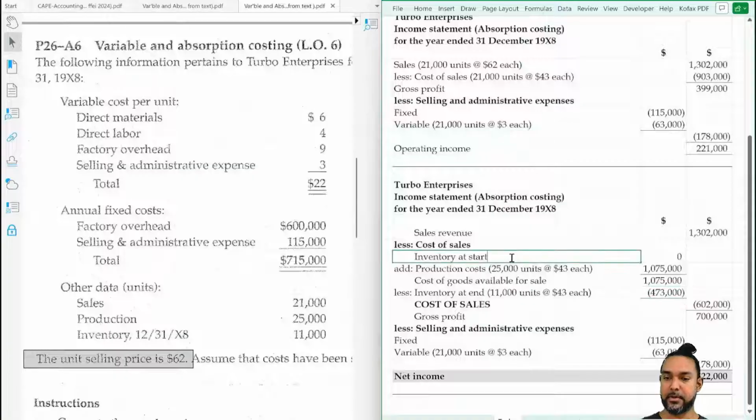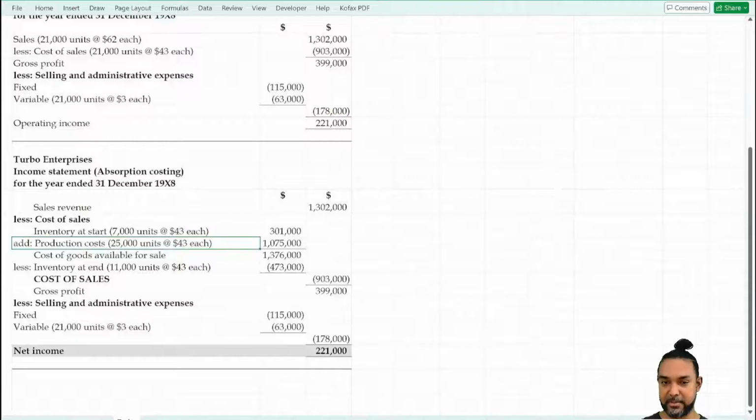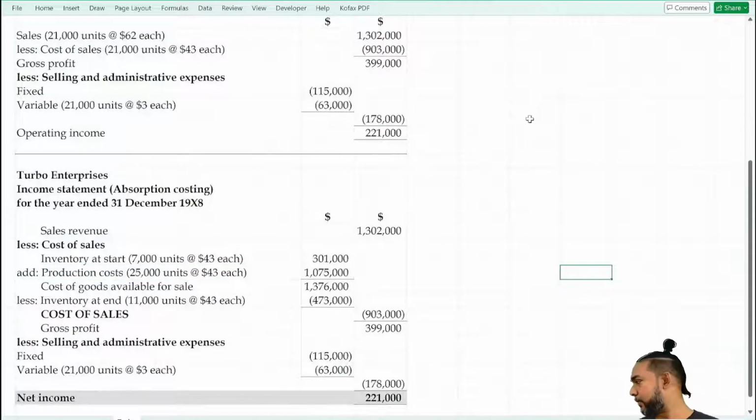Oh, we had an opening stock. We said it was 7,000 units at 43 each. Aha! Wow. So you see, when you have your opening stock, you have to remember to put it in. Good. Okay. Cool.